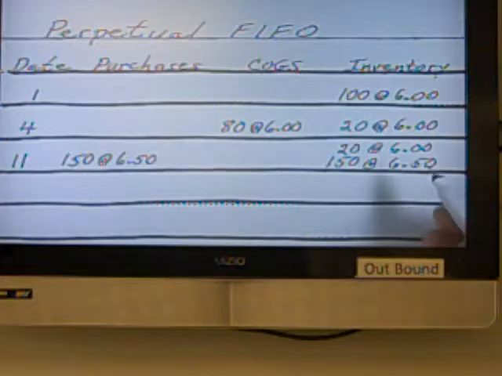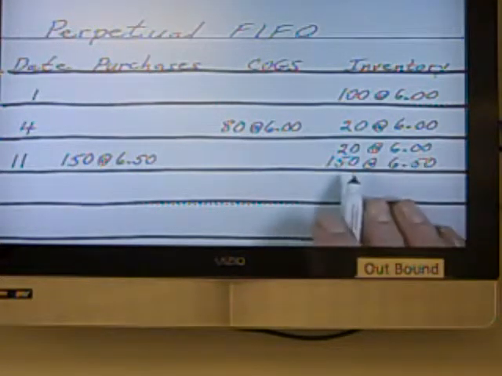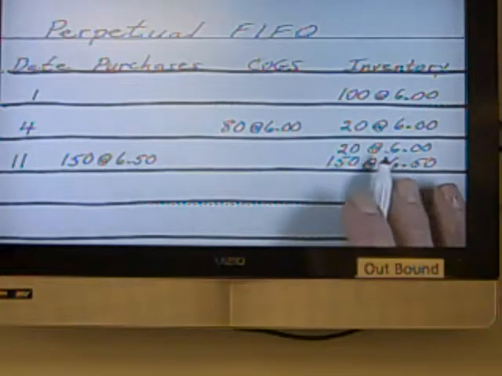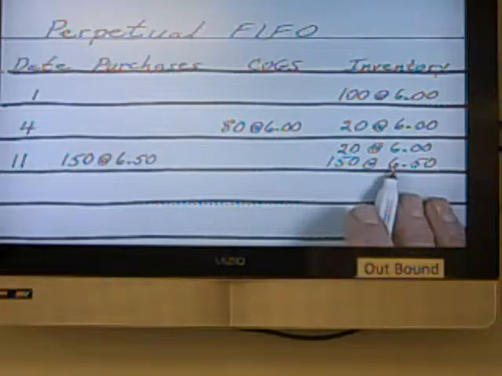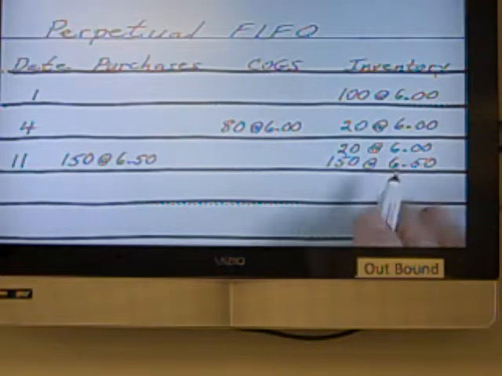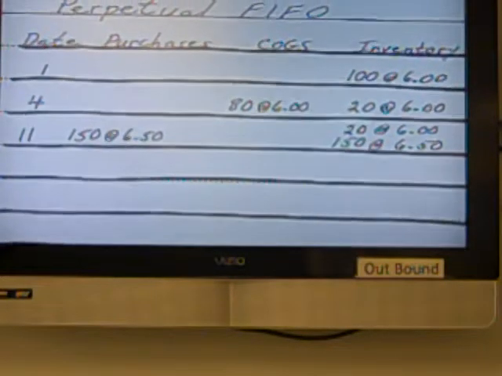So now our inventory at this point is 20 at $6 and 150 at $6.50. That's 2 layers of inventory. Now it's very important that we keep those 2 layers separated because we're using the FIFO method of valuing inventory.